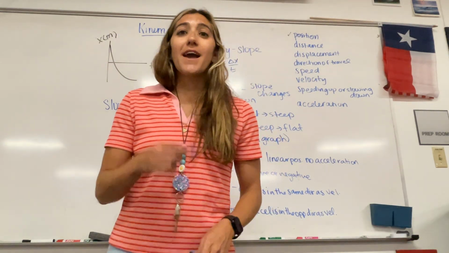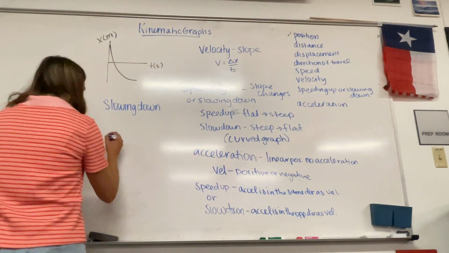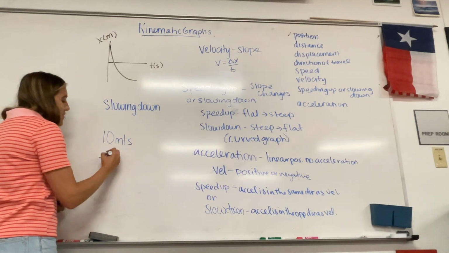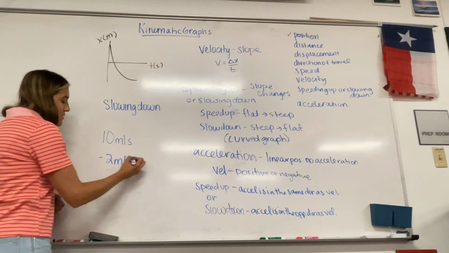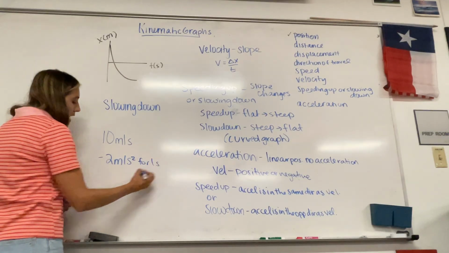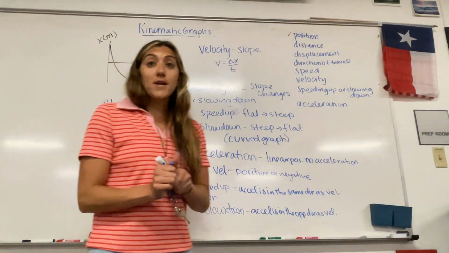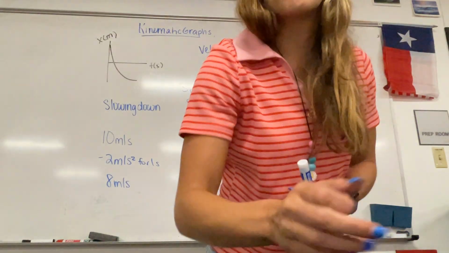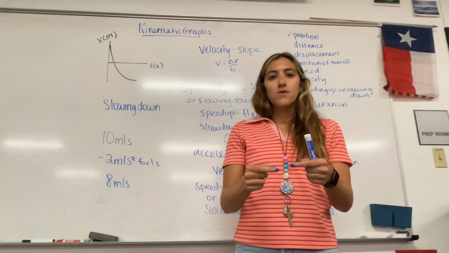Case in point, let's say I have a positive velocity of 10 meters per second, and I experience an acceleration of -2 meters per second squared. Over 1 second, I'm going to have my new speed be 8 meters per second. So I slowed down. I had positive velocity, negative acceleration, so I slowed down.